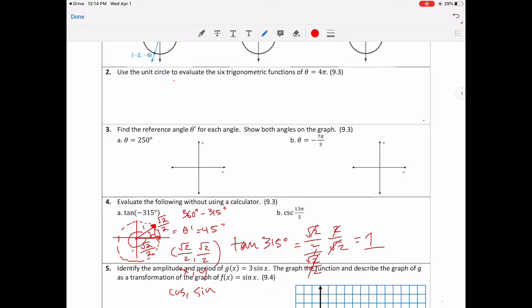Okay, so what did we do? We drew our initial side. We moved clockwise in the negative direction. We drew then our reference angle, the remaining amount to the x-axis, the shortest acute angle to the x-axis. Then I drew that location on my unit circle.